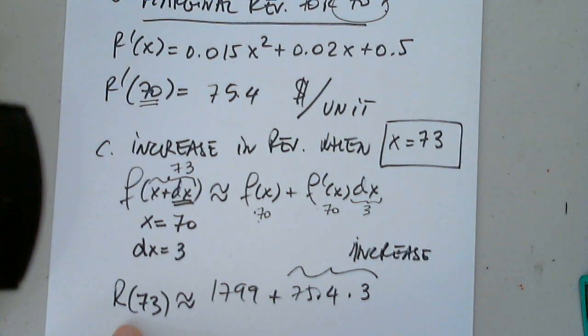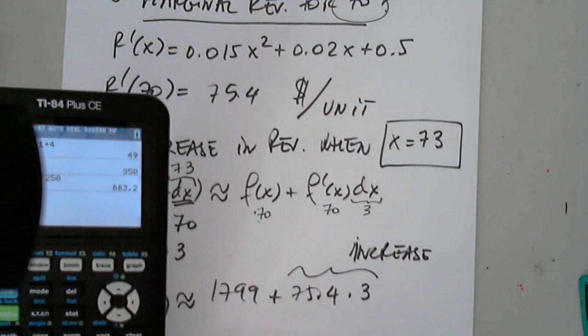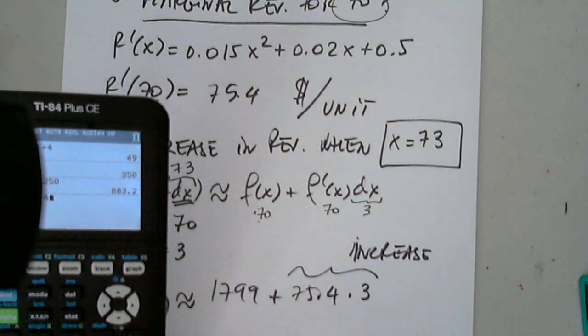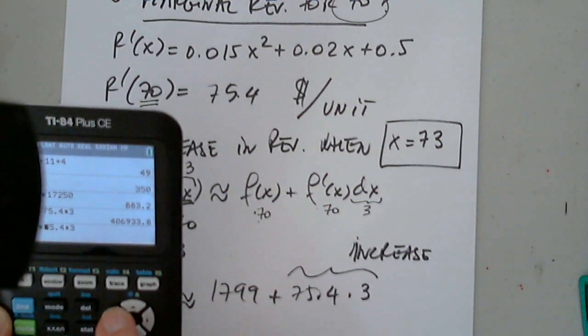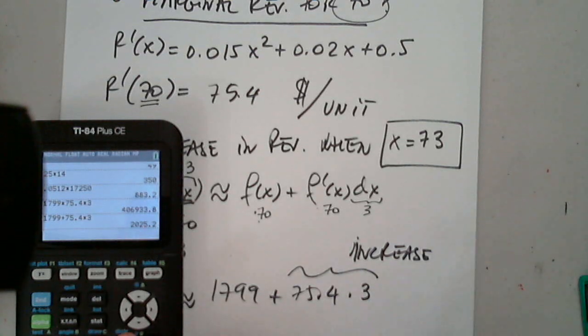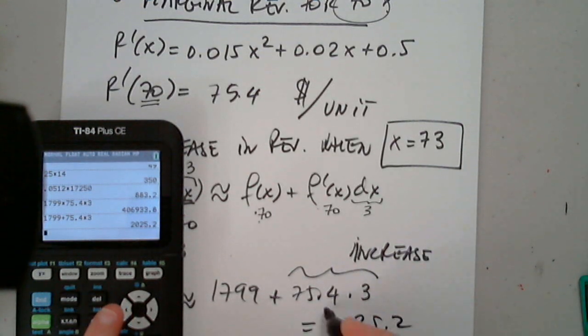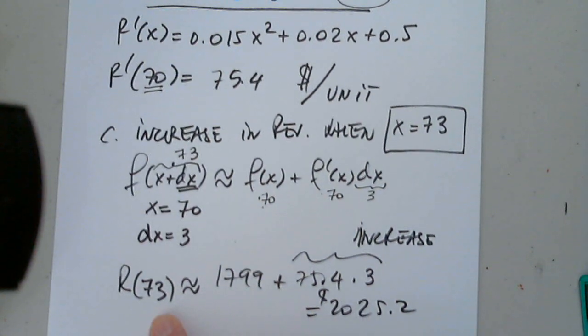If we're asked to find all this, then we're just going to add these two. Let me do it, since, as I said, we worked on this problem before. I just want to put it in so we don't leave it like that. 75.4 times 3. Oh, I multiplied instead of added. Good. So 2025.2. So this is not the actual, but this is the approximated.